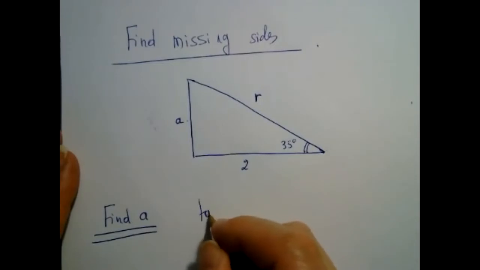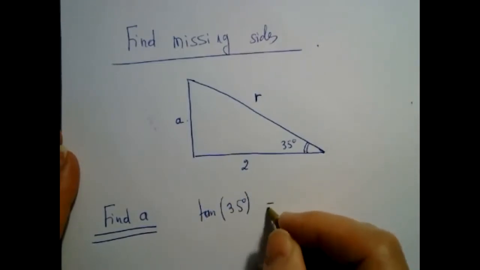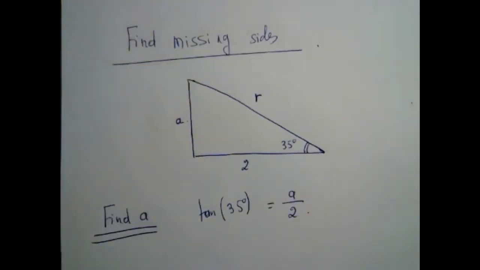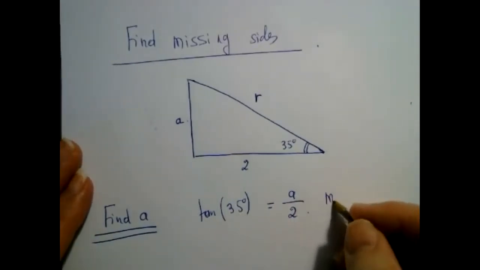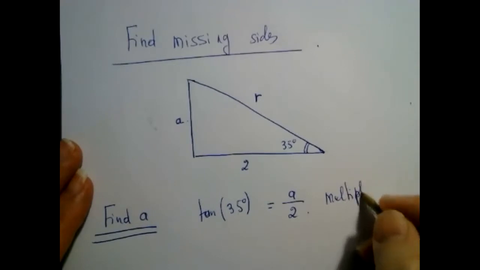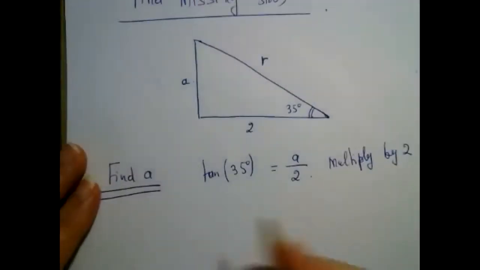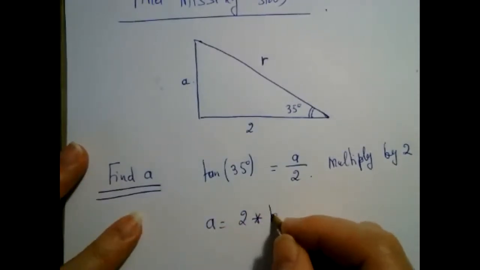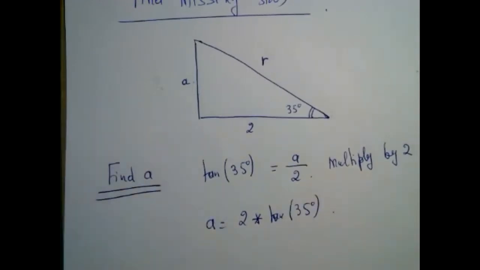So the student said, okay, I take the tangent of 35, which is equal to A divided by 2. And then she solved for A. I know what tangent 35 is. You multiply by 2 across, so she can solve for A. This gives A equal 2 times the tangent of 35.